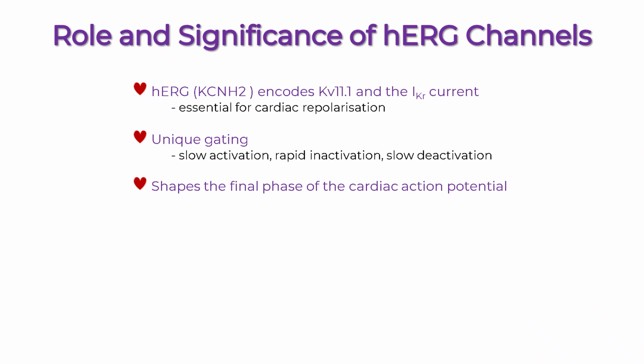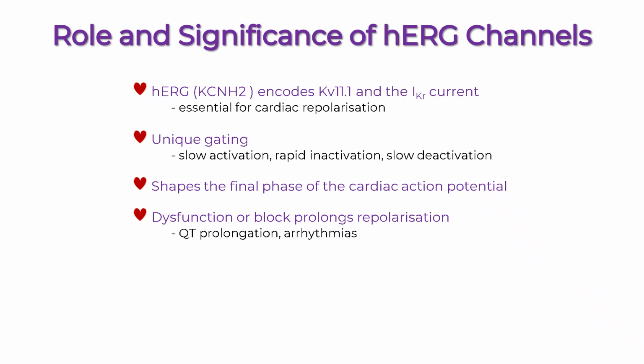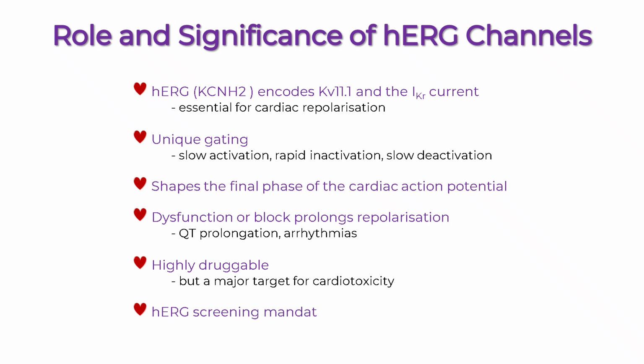When hERG function is reduced or blocked, repolarization is delayed, the QT interval lengthens, and the risk of dangerous arrhythmias rises. And because hERG's inner cavity binds many small molecules, it's both an attractive drug target and a common cause of unintended cardiotoxicity, making hERG testing a critical step in modern drug development.